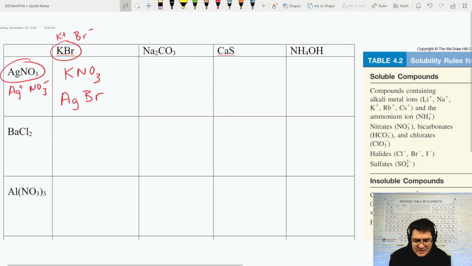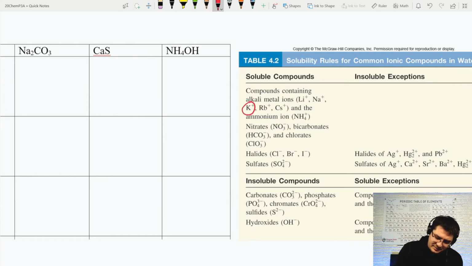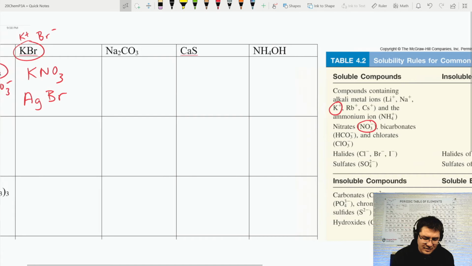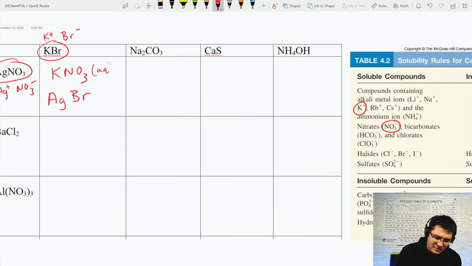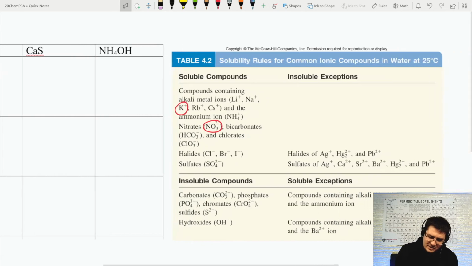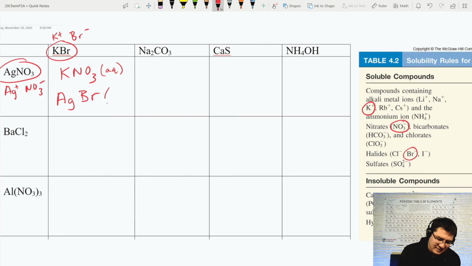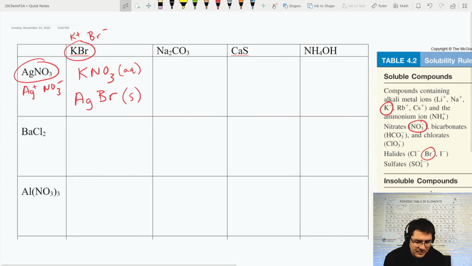So in this case, potassium nitrate, I know potassium and nitrate, when they combine, that all falls in the soluble category, so AQ. And silver bromide, bromide is generally soluble except for when it's with silver, that makes it insoluble. So in this case, there's my solid precipitate.